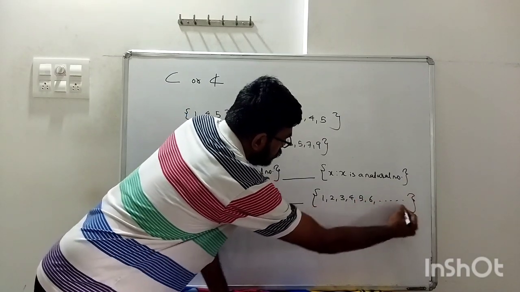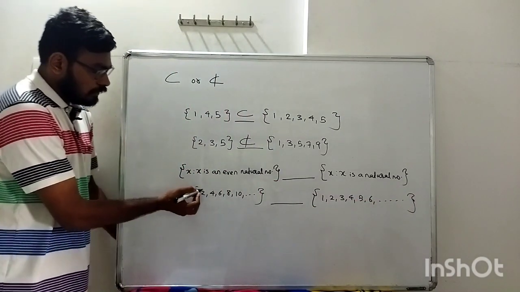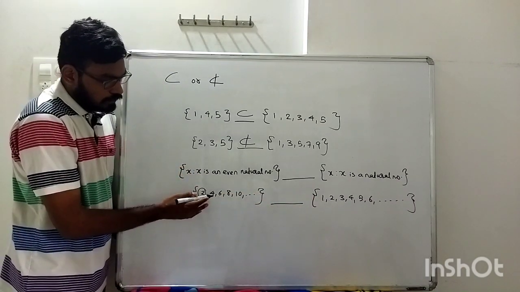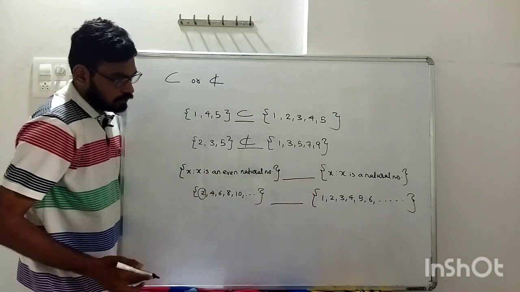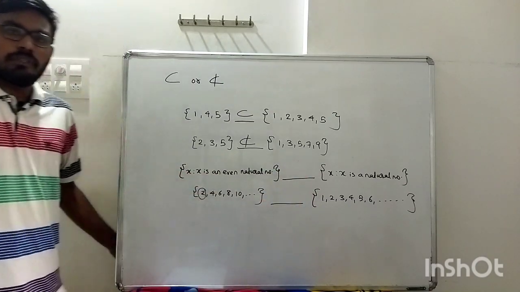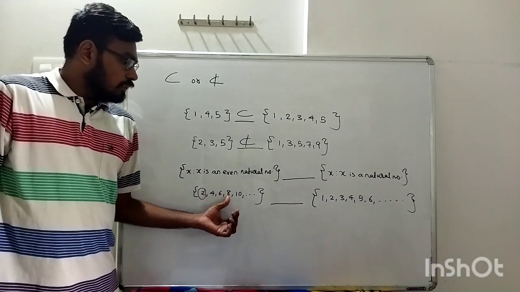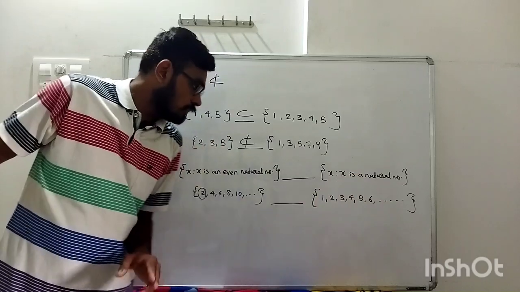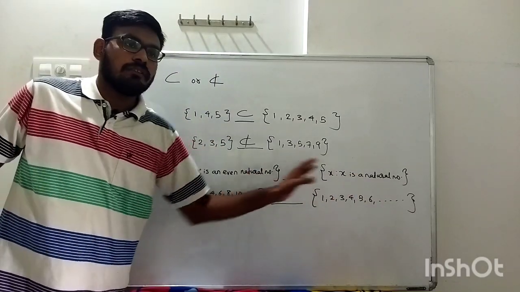Okay, so now 2 belongs to this set, 2 belongs to that set also, 4 belongs to this set, 4 belongs to that set also, 6 belongs to this set, 6 belongs to that set also. 8 belongs to this set, obviously this continues, so there will be 8 also in that. 10 belongs to this set, there will be 10 also, and so on.